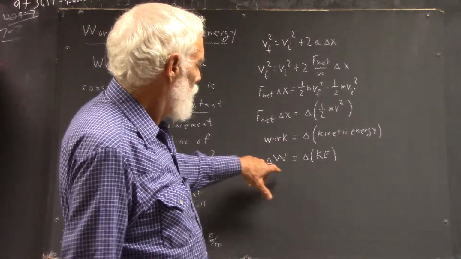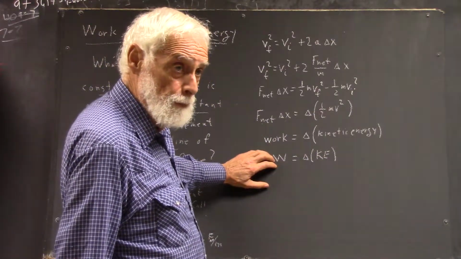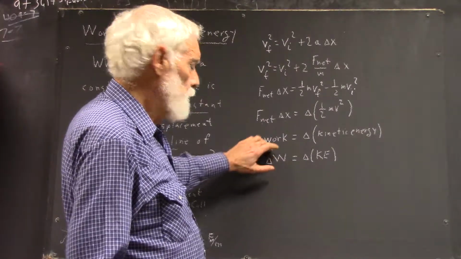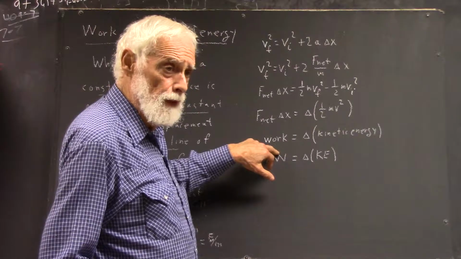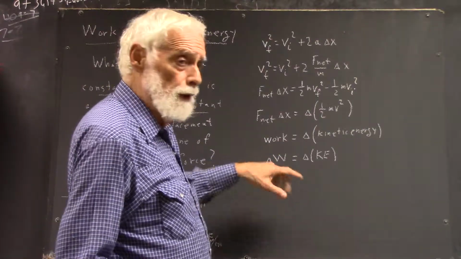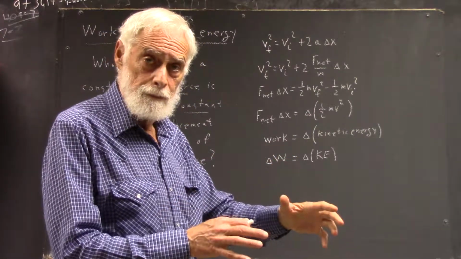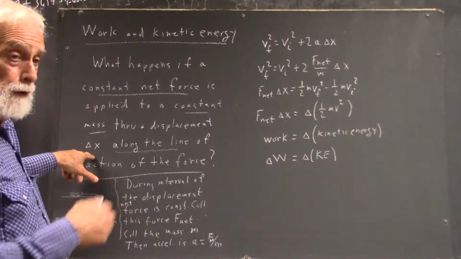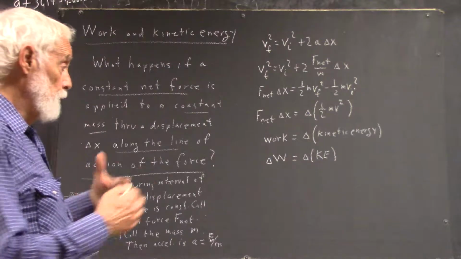Usually, authors don't put a delta in front of W, and it's kind of inappropriate to do it, but I use the delta in front of W to say that this is a work done on some interval. Okay, this interval is defined by the delta x, the interval in which the force is applied through delta x.